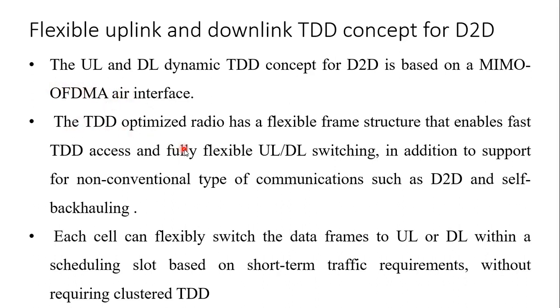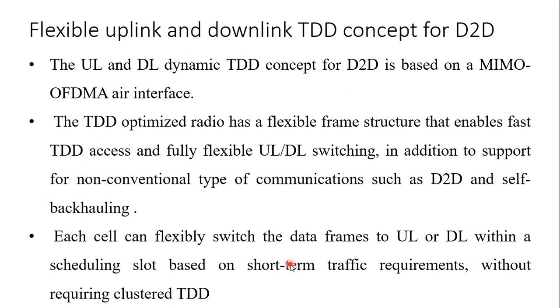The TDD optimized radio has a flexible frame structure that enables fast time division duplexing access and fully flexible uplink and downlink switching. In addition to support for non-conventional types of communication such as D2D and self-backhauling, each cell can flexibly switch the data frame to UL, that is uplink, or downlink within a scheduling slot based on short-term traffic requirements without requiring clustered TDD.